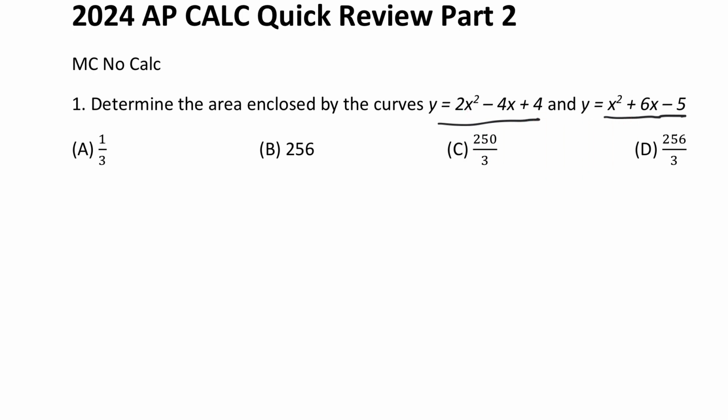And when you do that, if you plug in, say, the point 2, you will find out that this ends up right here being the bottom curve, and this ends up being the top curve. Now, I would suggest plugging in a few extra values. In fact, what I would suggest is first finding the intersection points, and then trying to find a value between the two intersection points.